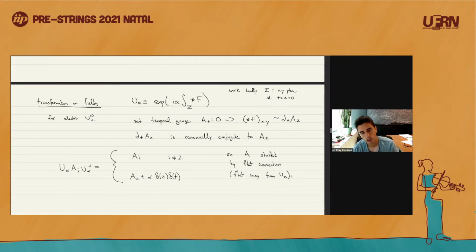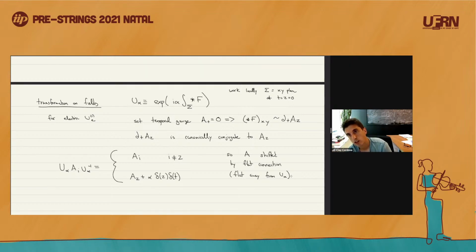You can check that this kind of shift is a symmetry of the Lagrangian. And then by the Noether procedure, you would indeed compute the current and so forth. So that's for the electric one, it's sort of as expected.